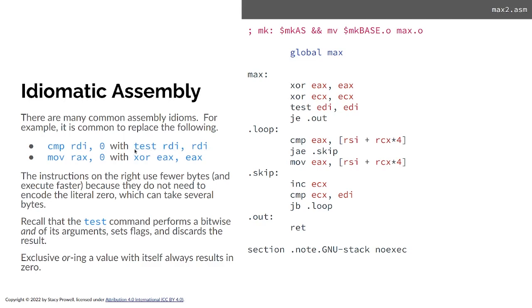Test does that without saving the result. It just sets flags. So a quick test to see if EDI is 0 is to do test EDI EDI, and then we jump if equal out. Well, that should really be jump if 0 out, but remember, those are synonyms. JE and JZ are synonyms. So we're going to jump to out exactly when EDI is 0. So it's gotten much simpler.